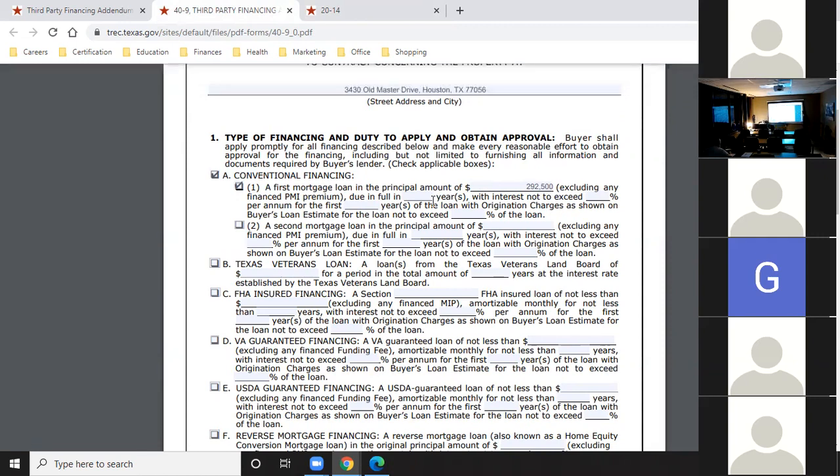Finance PMI due in full in blank years with interest not to exceed blank percent. What do you have for me, Colton? Let me pull it back up. We're still on the Johnson Swanson, correct?